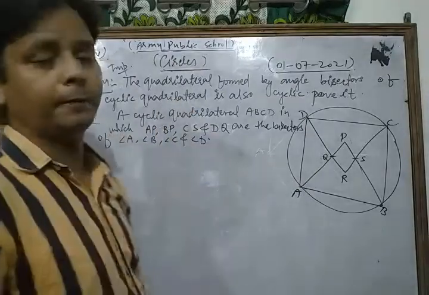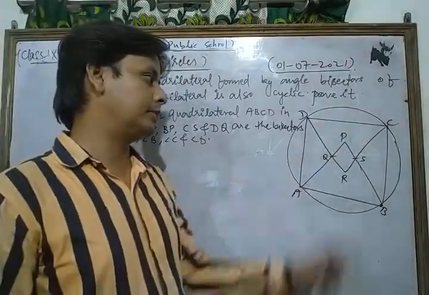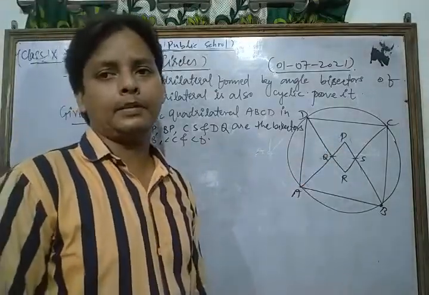Okay, this is the given, and we have to show that the quadrilateral PQRS is cyclic.